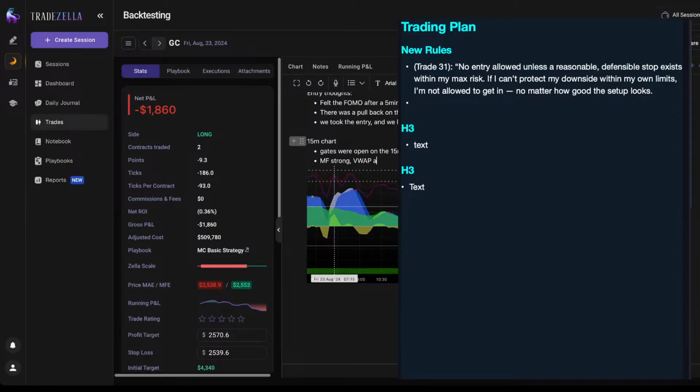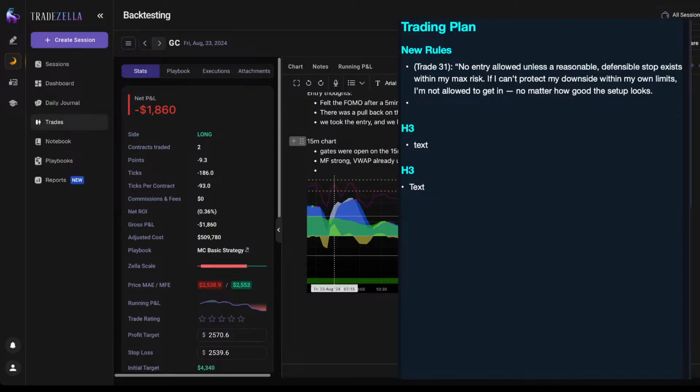VWAP already up. Not ideal. Okay, so we liked all that.